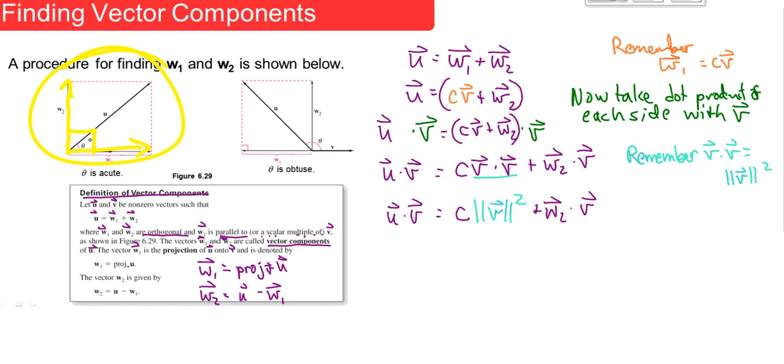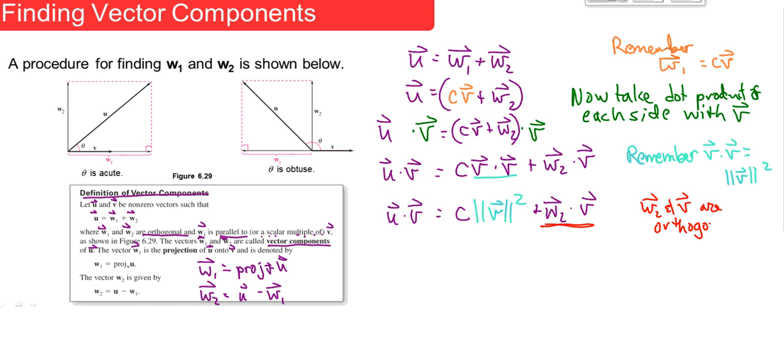So that means that W2 and V are orthogonal, and so their dot product is 0. So W2 dot V is going to equal 0.